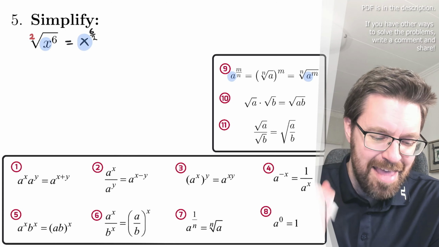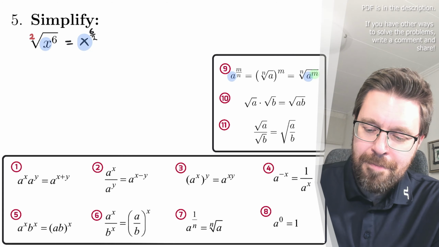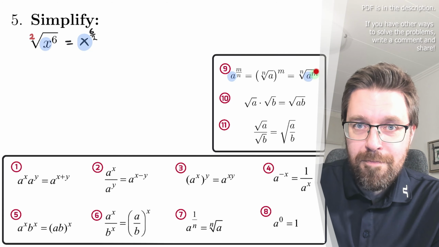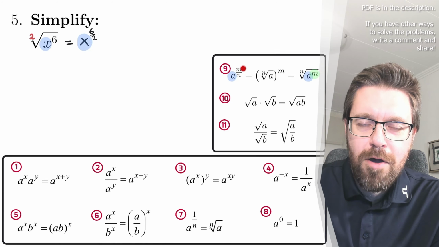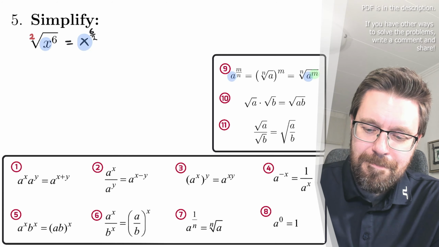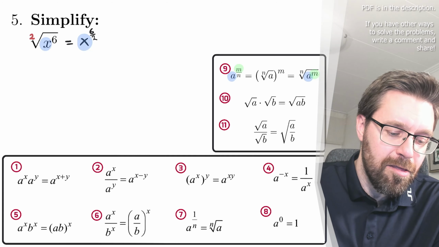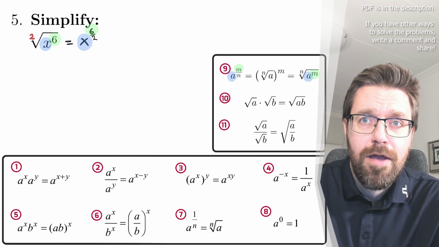Next we have a raised to m here, and then the exponent becomes the numerator in the exponent. So here we have m, and in our example, we have the number 6, and it's the number 6 up here.